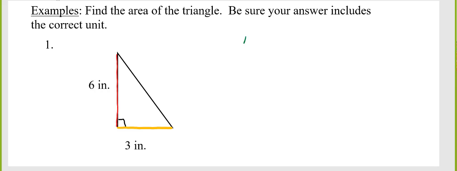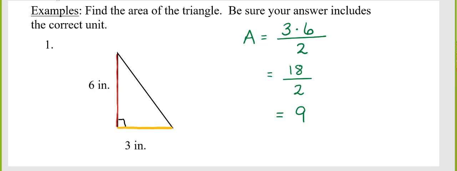So the area, you're going to do base times the height and then divide that by 2. What is 6 times 3? 18. 18 divided by 2 is 9. Now the units, you're going to have 9 square inches, and we write that inches with a superscript of a 2. 9 square inches.